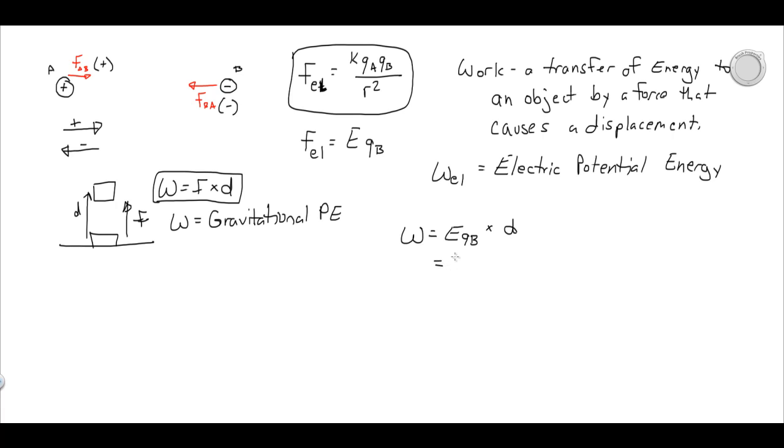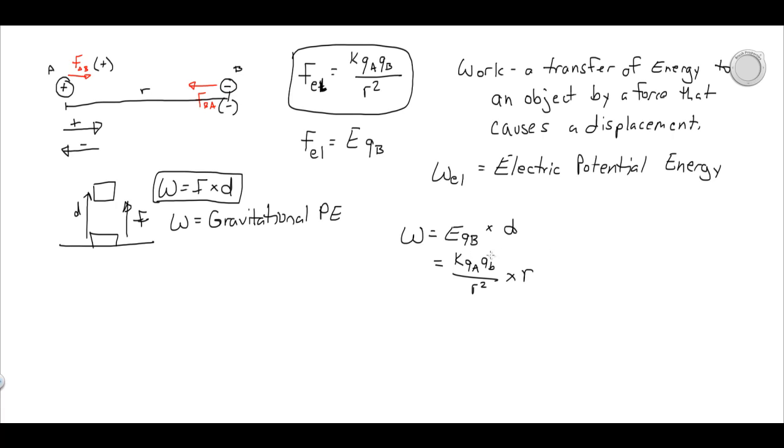Now E, let's go back here, is kQA over R squared. And if I multiply that by the distance, well, the distance between these two is R, right? So in this case, this would be the force required, or the work required, to move this charge from being right next to the positive charge out here to being at its location one R away.